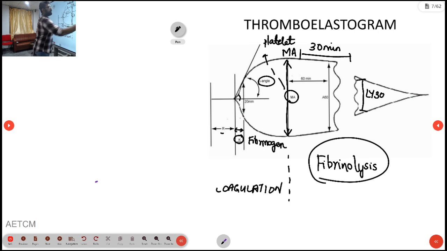The normal LY30 should be 0 to 8 percent, compared to the maximum amplitude. If it is more than that, it means lysis is happening at a rapid pace. It shouldn't be like that. Normally, in a TEG it should be like this only.